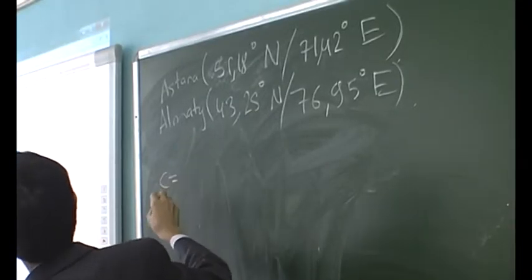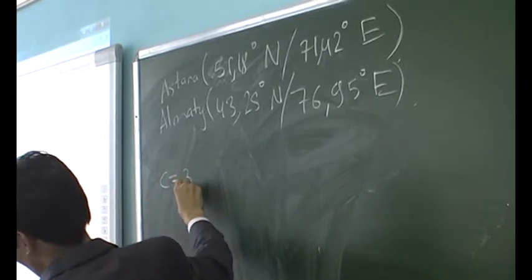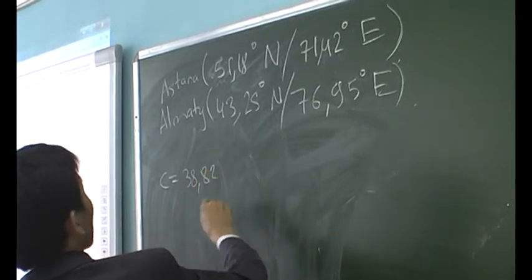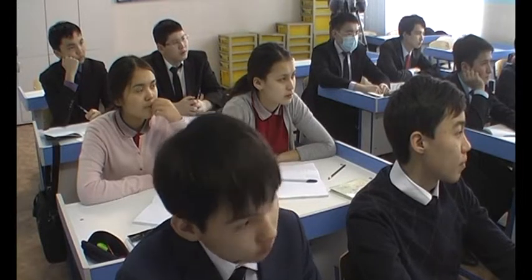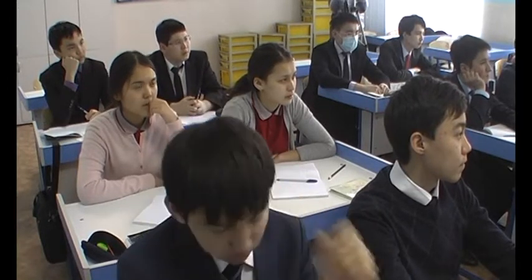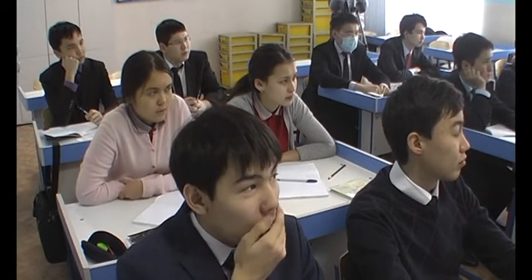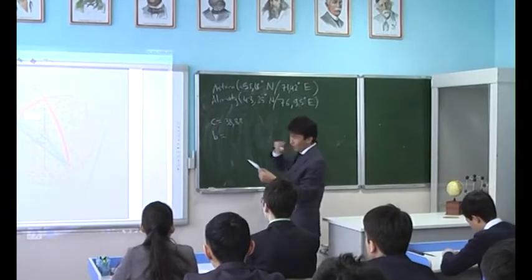That's 38.82, yeah? This one is B. What about B? Now B is just 90 subtracted by the latitude of Almaty, yeah? The latitude of Almaty is 43.25.